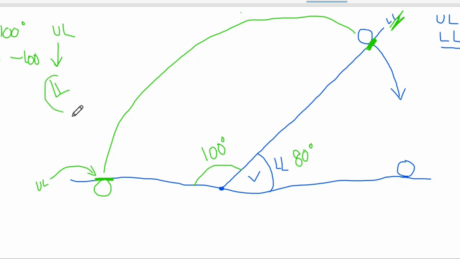Once the limb has changed to lower limb, now you will apply the total correction basis the lower limb observation, not the upper limb observation which was initially given. Upper limb was applicable for 100 degrees. Lower limb is applicable for 80 degrees. So is it clear now, beta?